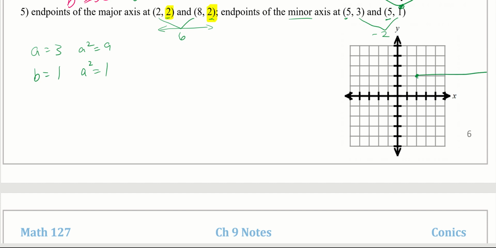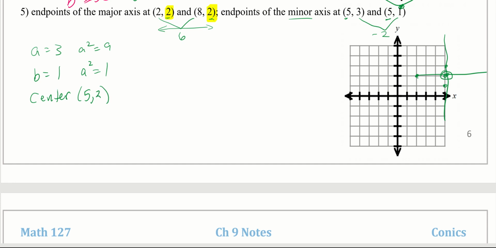My minor axis is gonna be at 5, 3, and 5, 1, right? And there is my minor axis. Okay, beautifully drawn there. So if you notice, right here would be my center, right? So my center is going to be at 5, 2.